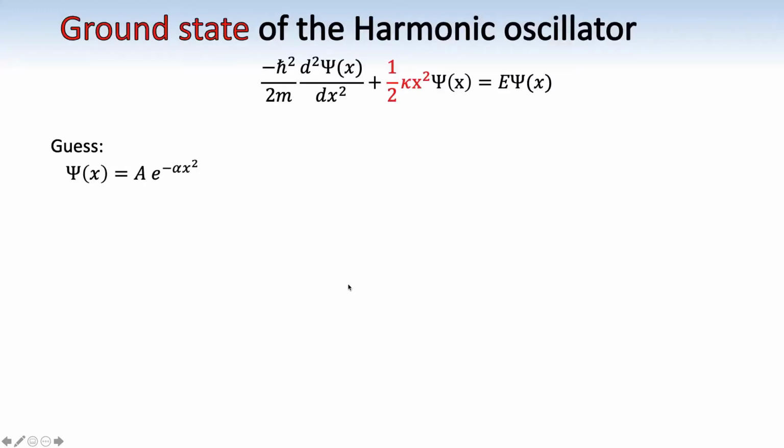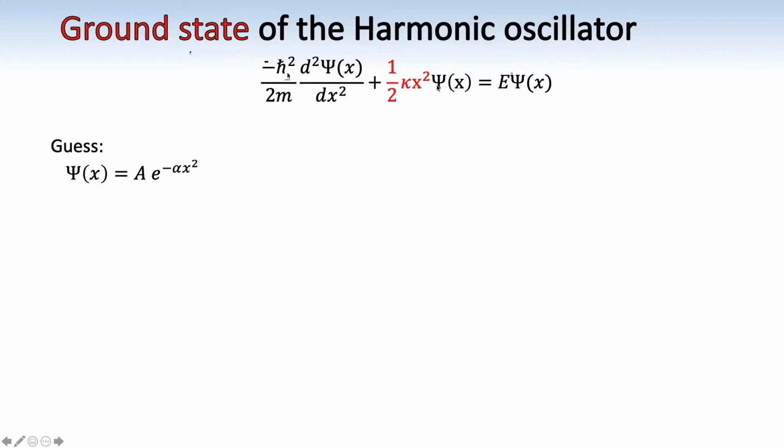Okay, first, let's take a look at the ground state of the harmonic oscillator. So here is the equation, and we are going to see if this function satisfies this equation, and if it does, what kind of E we will get. Notice that the time independent Schrödinger equation has two unknowns.